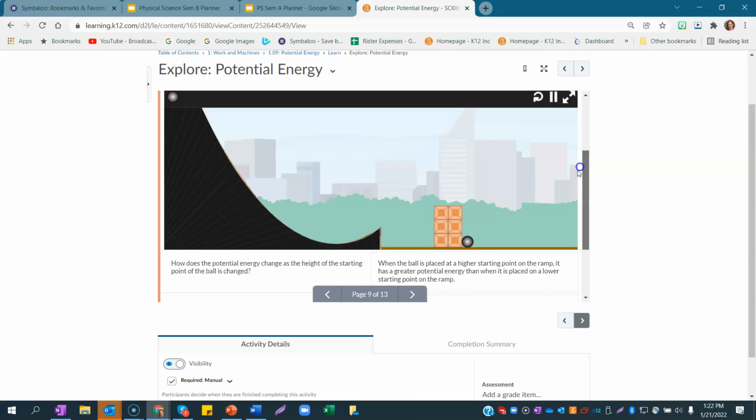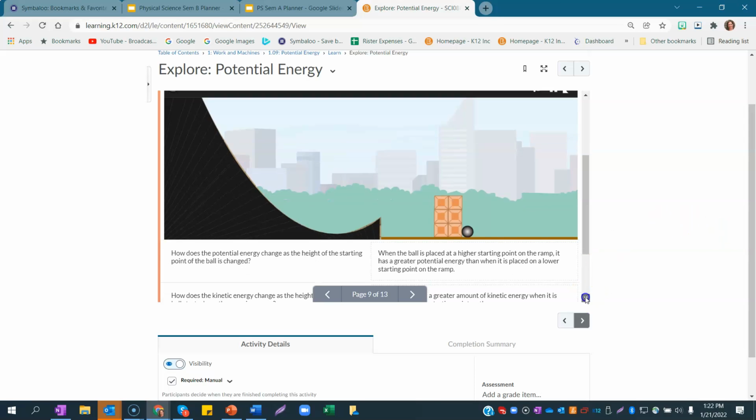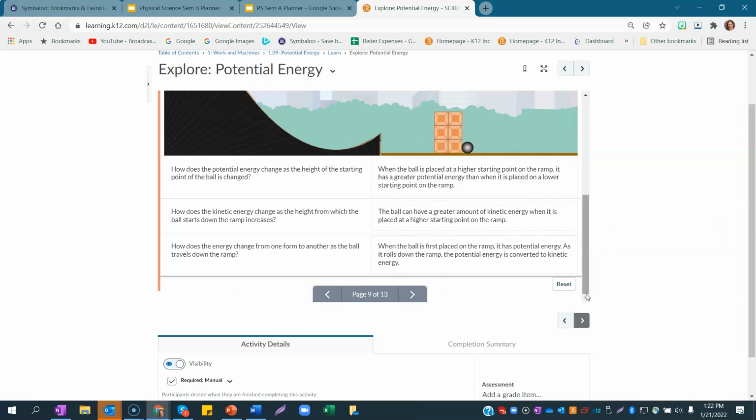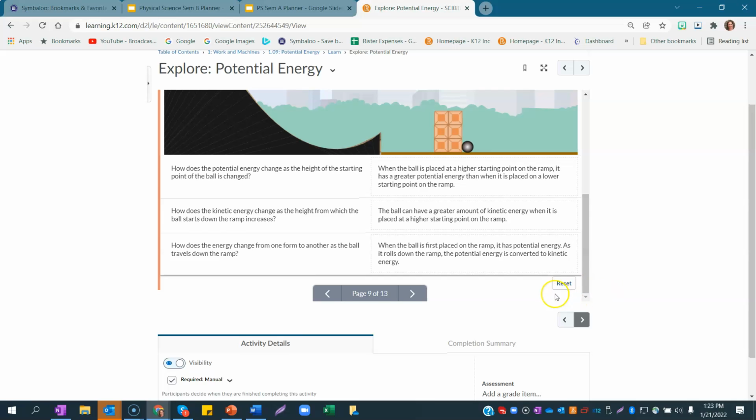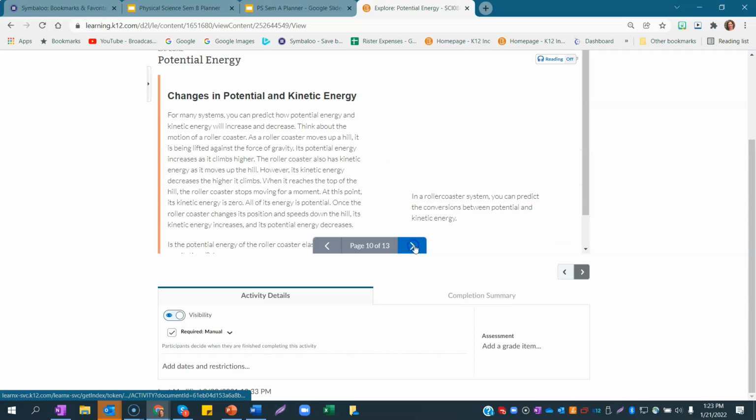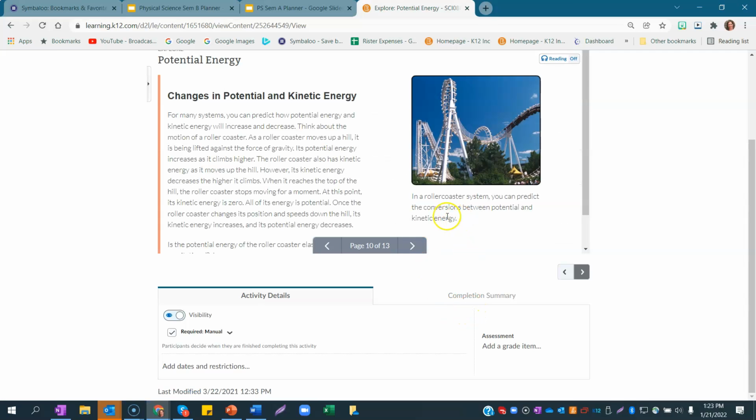So potential energy is high, kinetic energy is low. And then as it travels down here, we've got low potential and high kinetic because it's moving very fast. That gives you an idea of how it would relate to a roller coaster as well. So for number 6, as we go through and answer, here's another roller coaster.